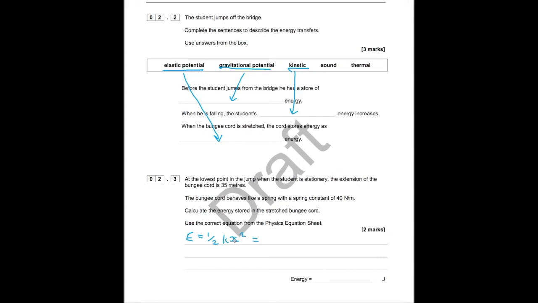So k is the spring constant, x is extension. So that's a half times 40 newtons per meter times 35 meters squared, and that equals 24,500 joules.